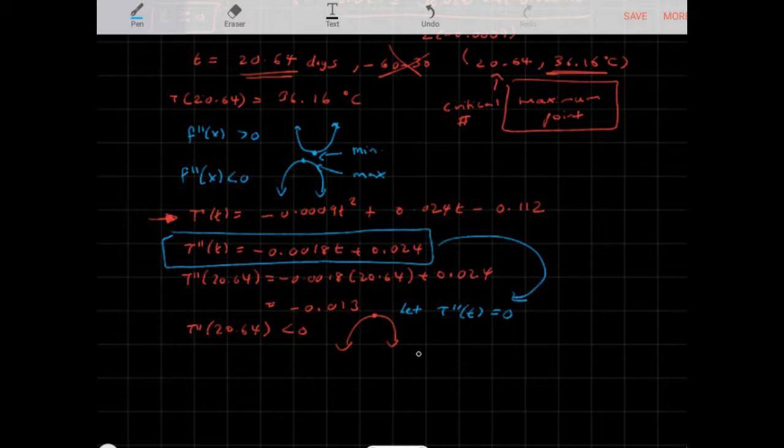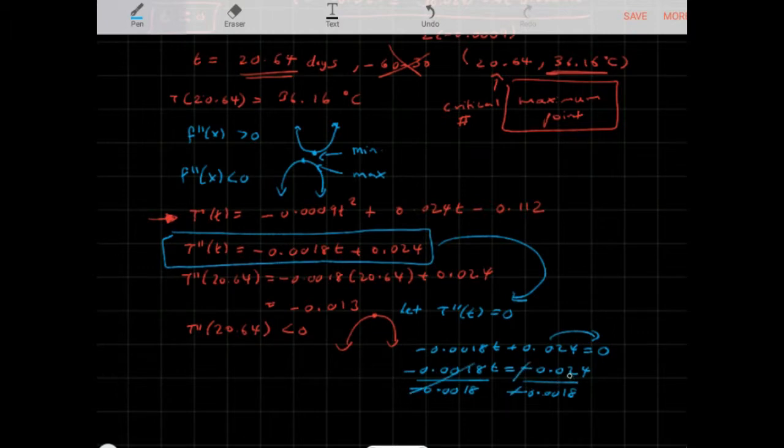So we let t double prime of t equal 0, so we get negative 0.0018t plus 0.024 is equal to 0, and then I move the 0.024 to the other side, so you get negative 0.0018t is equal to negative 0.024, then you divide both sides by negative 0.0018.